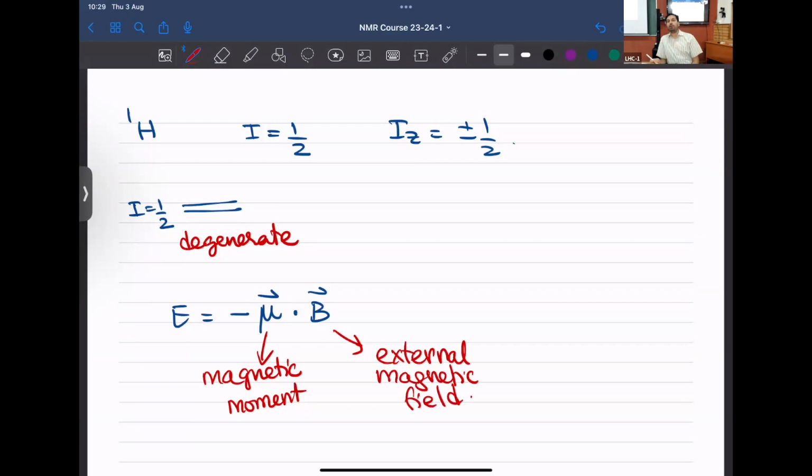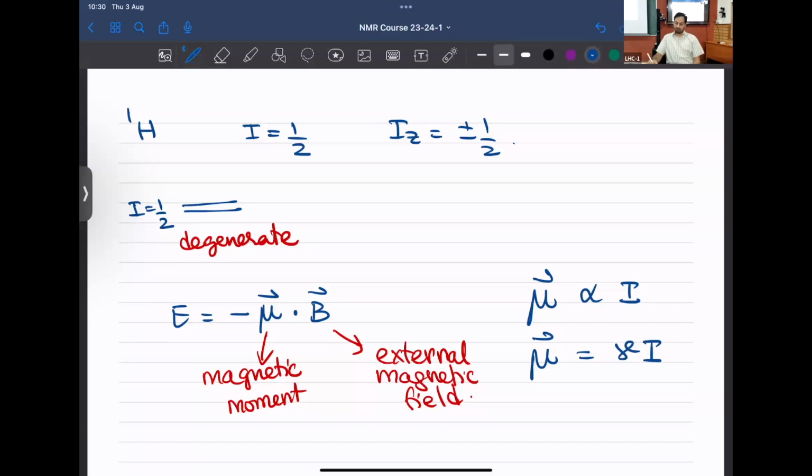So what you are able to immediately realize is that if we have a given magnetic field, then things could start to change, provided you have a magnetic moment, right? Interestingly, the magnetic moment is proportional to the spin quantum number. And this proportionality constant is given as the gyromagnetic ratio.